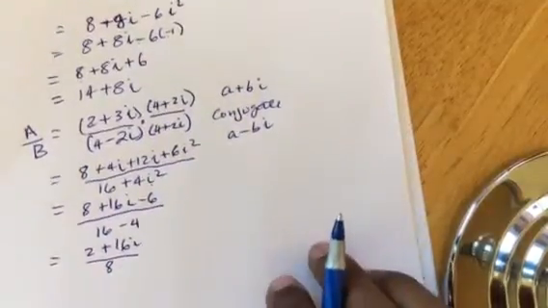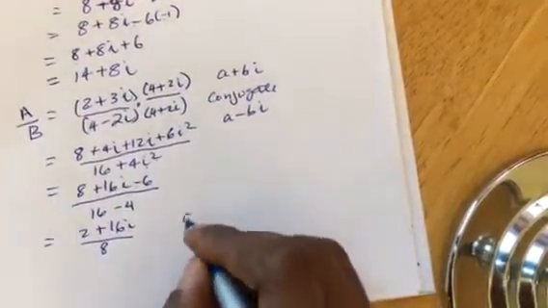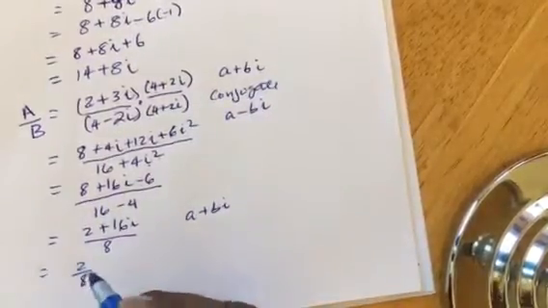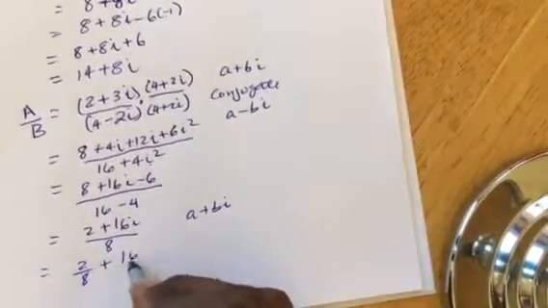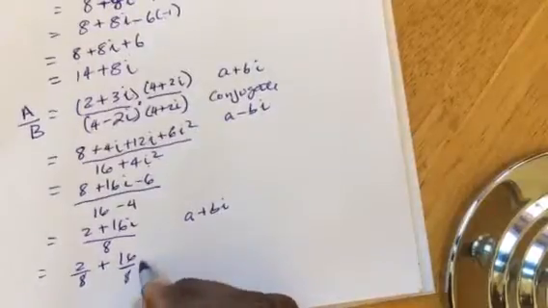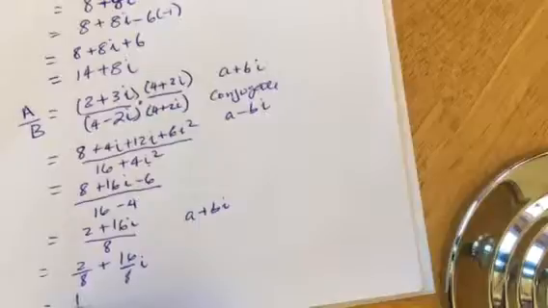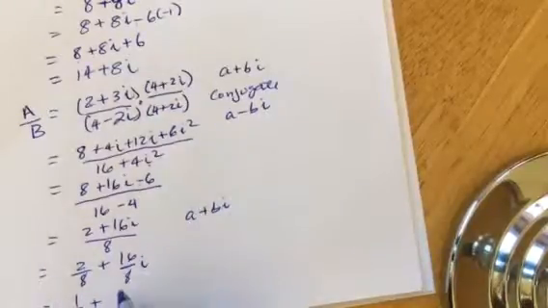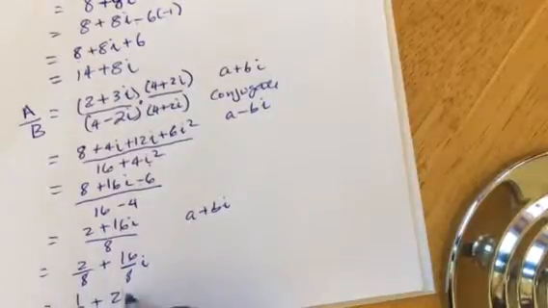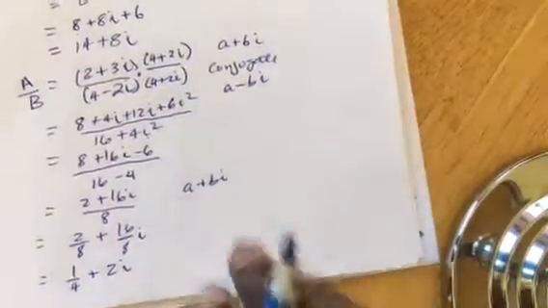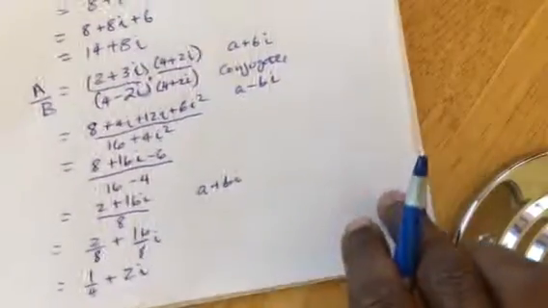We cannot leave it like that, so we have to break it down, and it has to be written in the form of a plus bi. So this would be 2 over 8 plus 16 over 8i. And when you simplify this, this would give you 1/4 plus 2i, because 16 divided by 8 is 2. And that completes it. All right, thank you.